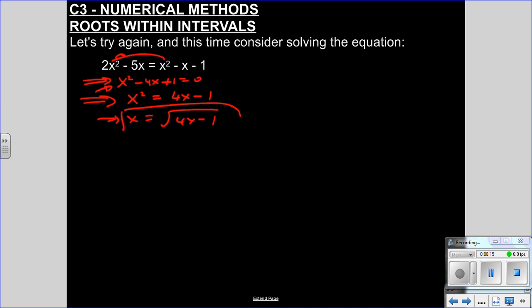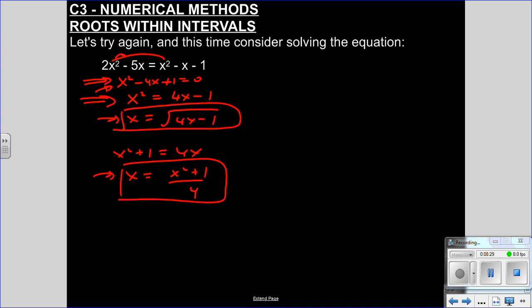That's one reiteration, and in your exam this is exactly what they're going to ask you to do, to rearrange something. Or I could get x squared plus 1 equals 4x, and then divide by 4. That's another way of rearranging it to make x the subject, isn't it? And likewise, I could make this an n plus 1 and an n plus 1 and an n, and I need a starting value to start solving this thing.